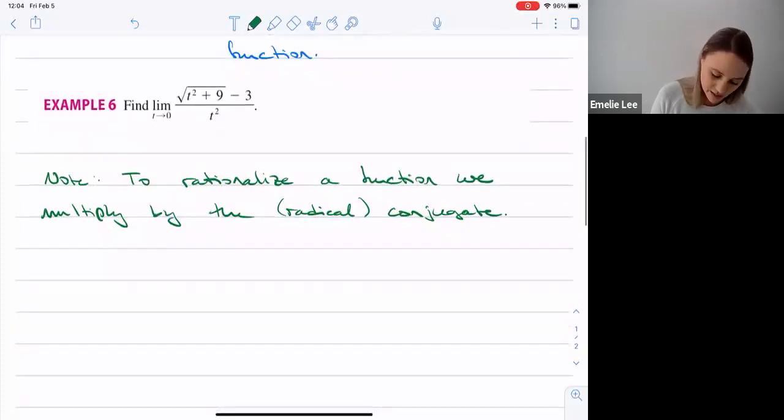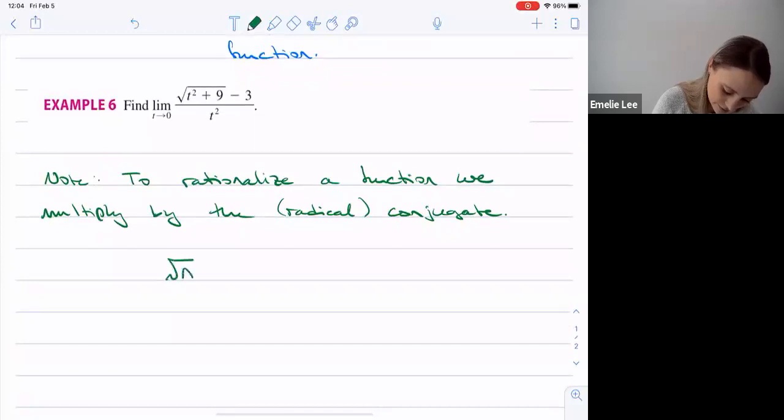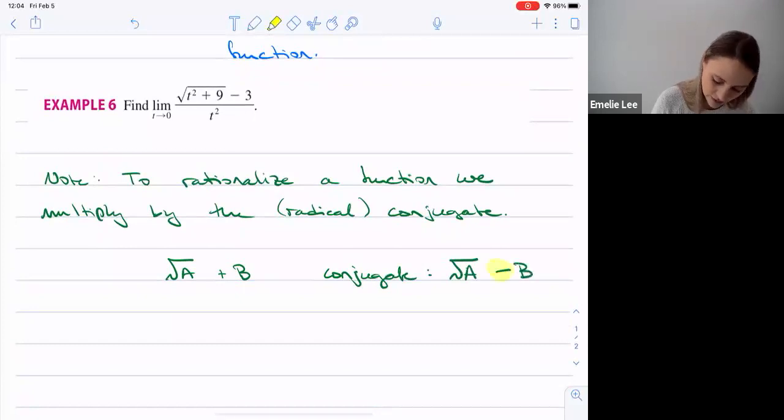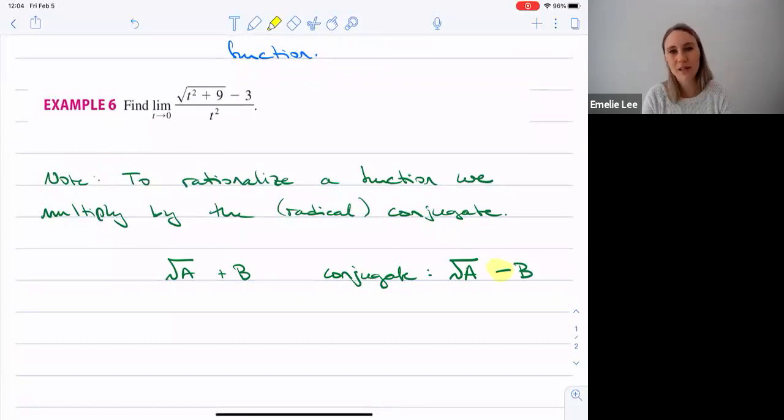So the conjugate, if you have the root of a plus b, is the root of a minus b. Notice that the only thing that changed is that the plus changed to a minus. So in this case, I've got the root of t squared plus 9 minus 3, so the conjugate would be the root of t squared plus 9 plus 3.